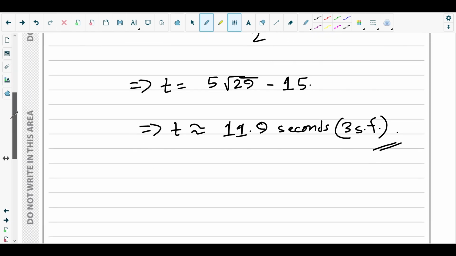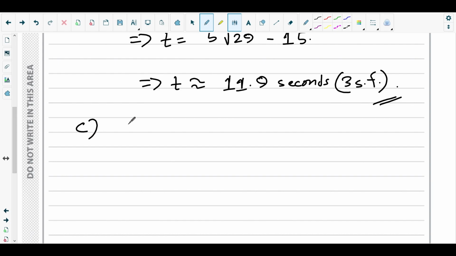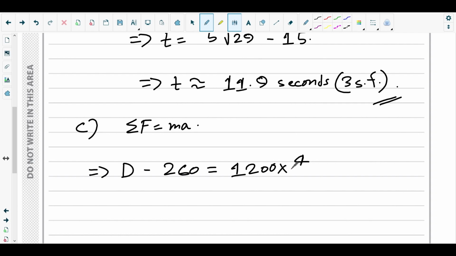So the driving force D minus the resistive force 260 Newton equals mass 1200 kg times the acceleration 4/5.